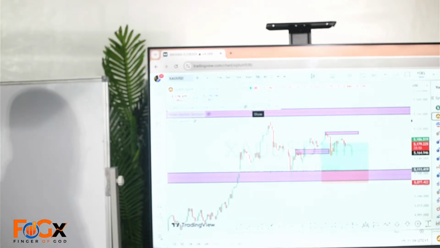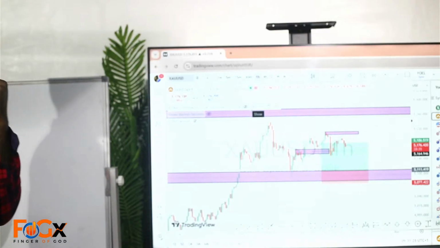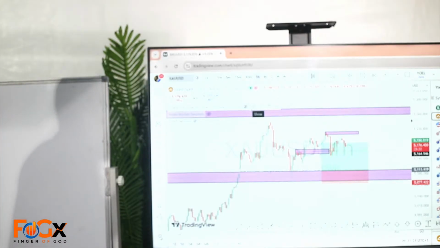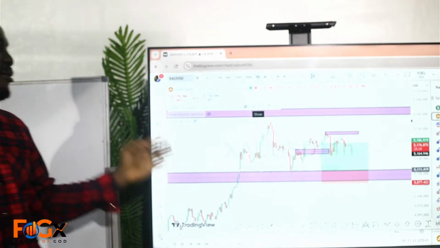No. It's ranging. It is not bearish. It is ranging. Okay, so what are the characters we need to see if we are in a ranging market?